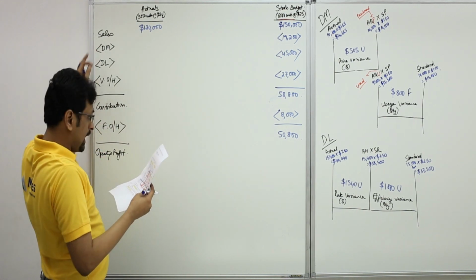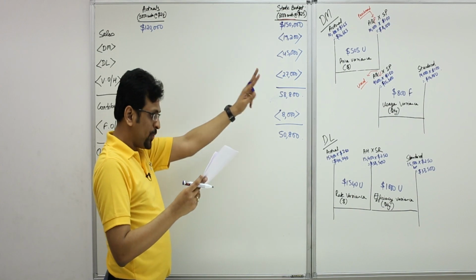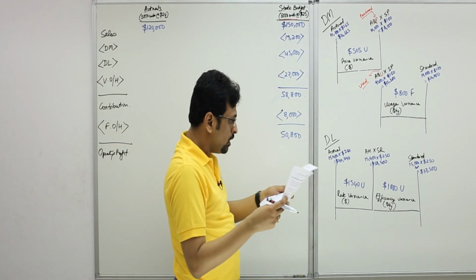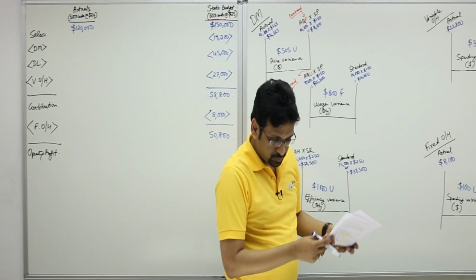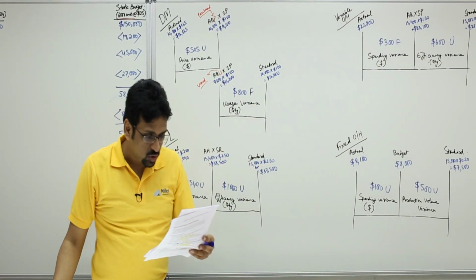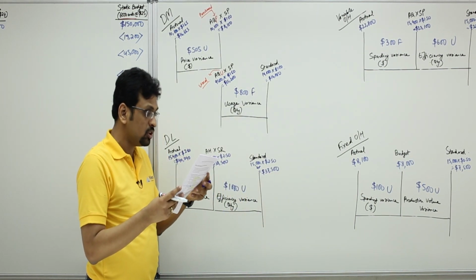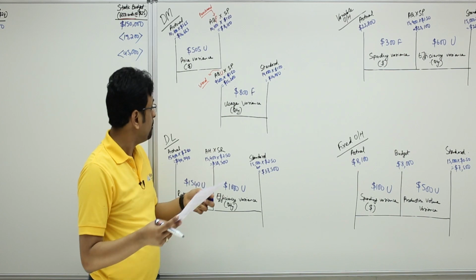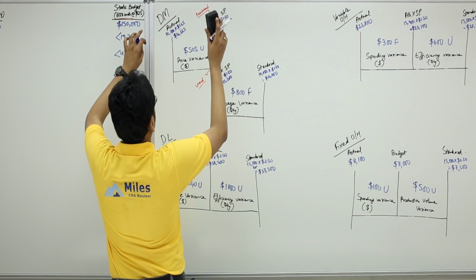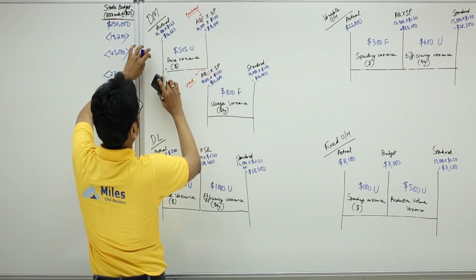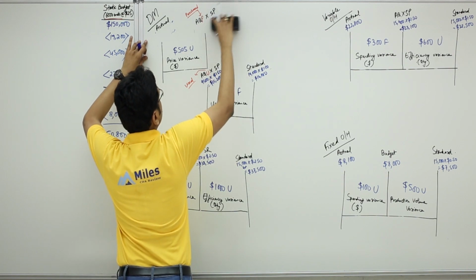Okay, now looking at their costs. So let's relate it to what we have done on my board here. First, looking at direct material costs. Now for 5,000 units, they had used 9,500 pounds of direct materials. Since we are only looking at the production costs, let's actually clean this up a bit.